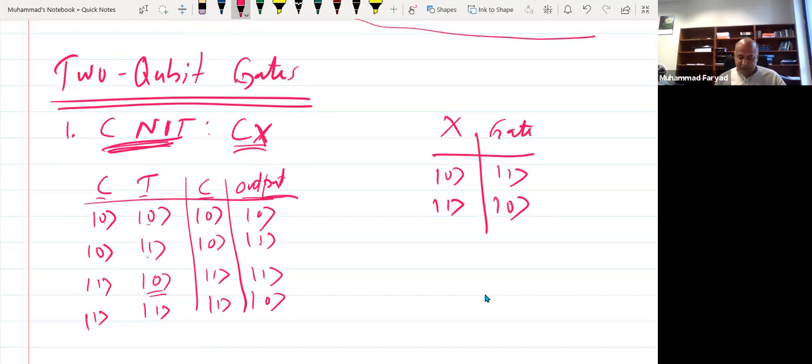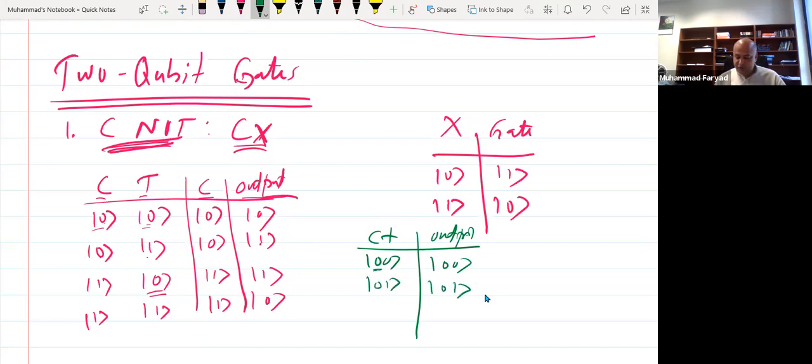So this is the first time I'm writing these multi-qubit gates, so I'm writing it like this. But later on, I will be expressing the same thing like this, with control, target, and output. So we can write it: |00⟩ goes to |00⟩. So this first one is the control. And |01⟩ goes to |01⟩ again.